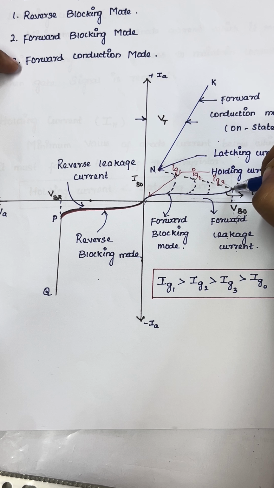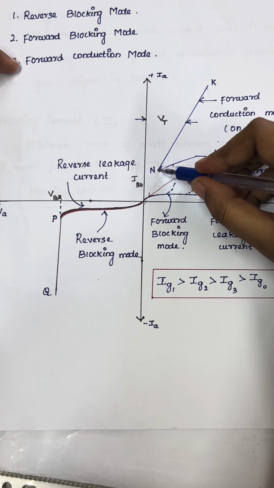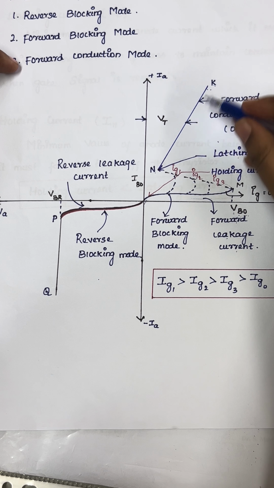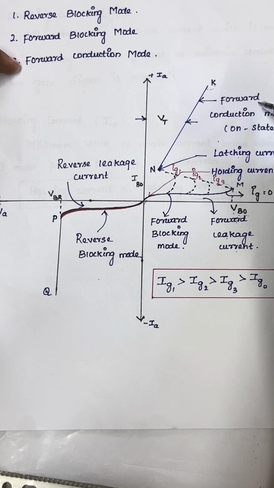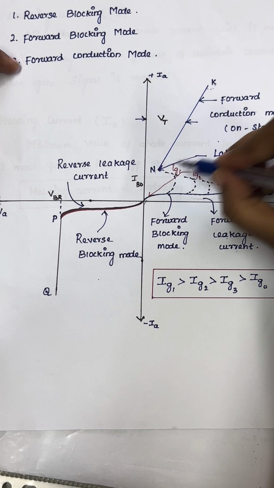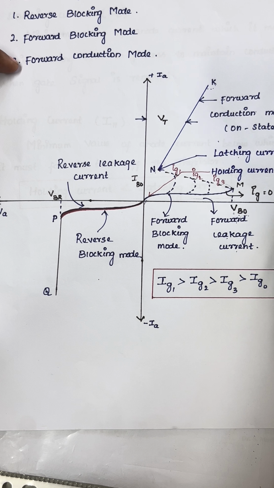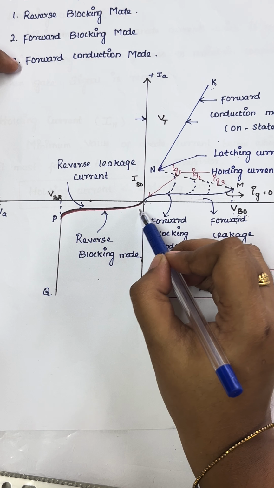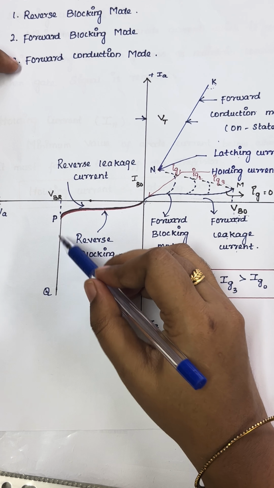After the breakover voltage, there is a drop and then a sudden increase of current. That sudden increase of current is called the forward conduction mode, where the SCR is in the on state.